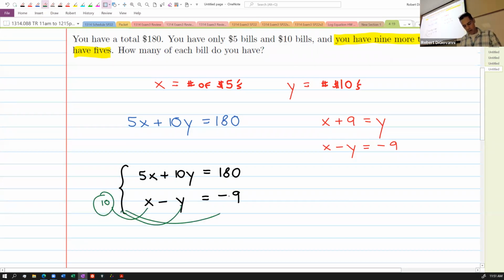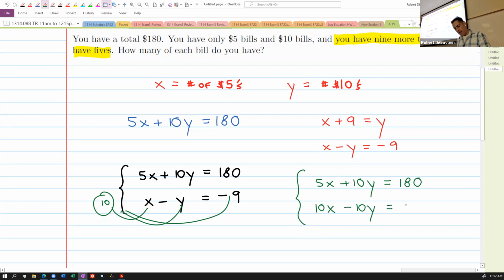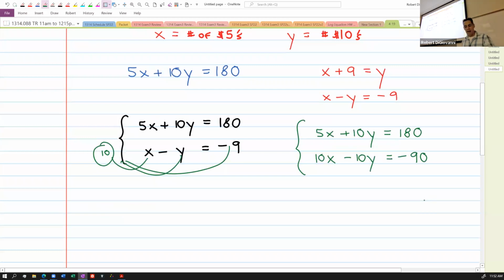So my new system becomes 5X plus 10Y equals 180. Are there any questions? Y'all are good? 10X minus 10Y equals -90. Add straight down, the Y's will cancel. That was why we did it.